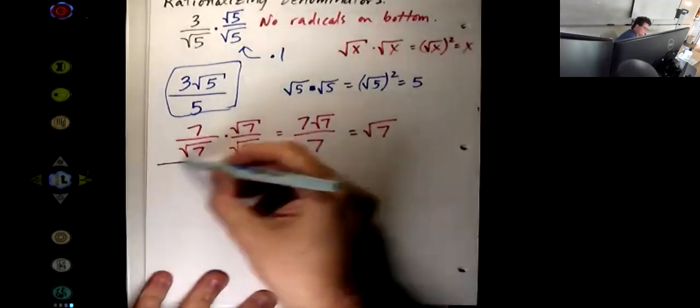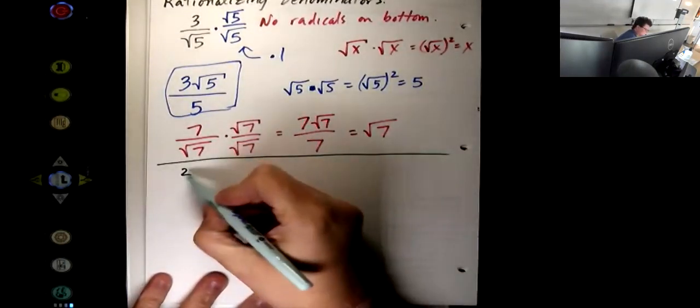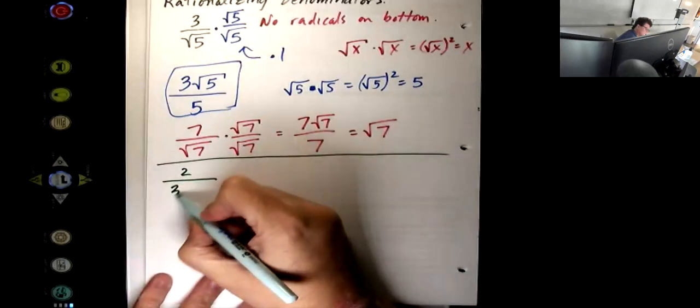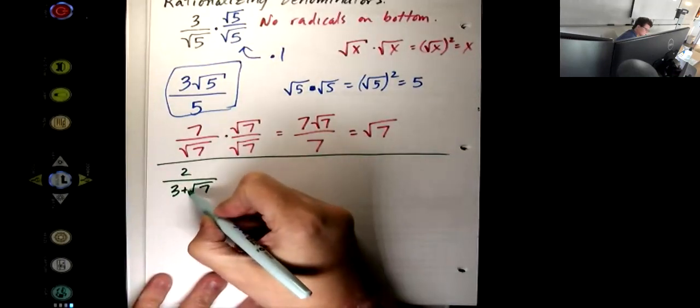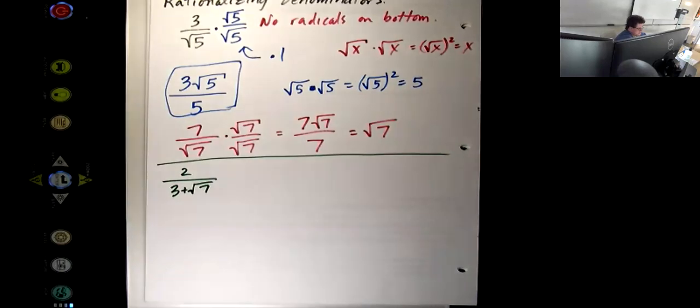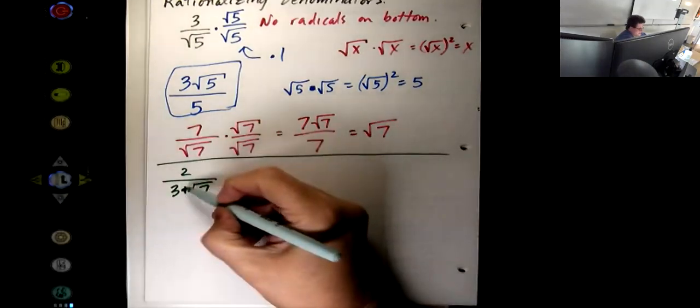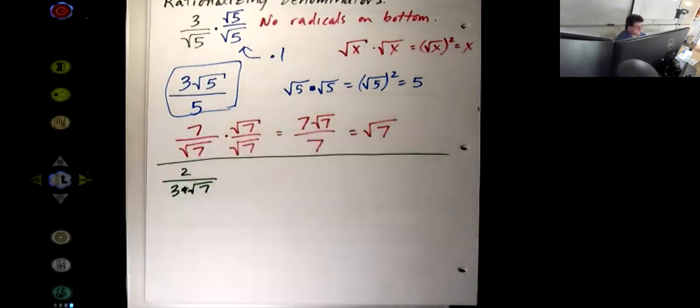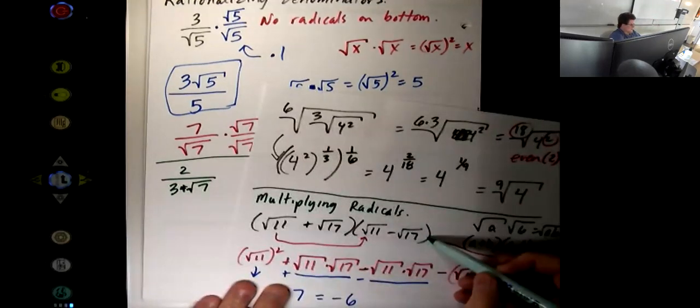We'll take this a step further. Now I've got a plus sign on the bottom. We showed a little bit ago that if we multiplied by a conjugate, the radicals went away.